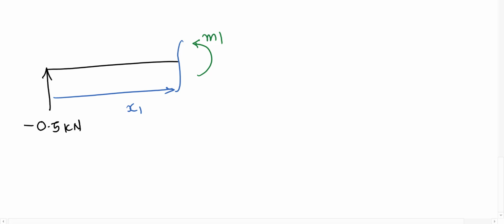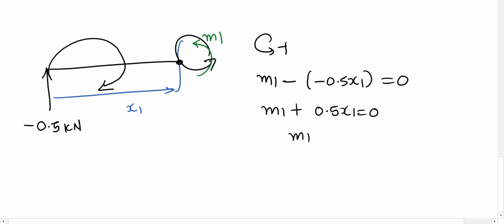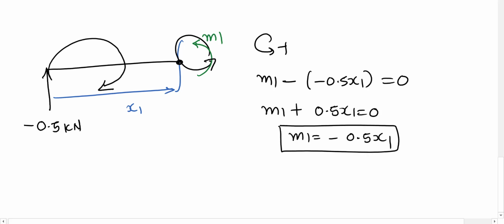Taking the moment at this point, anti-clockwise is positive. So m1 is anti-clockwise, and the force is clockwise, so minus 0.5 x1 equals 0, so m1 plus 0.5 x1 equals 0, so m1 equals minus 0.5 x1. That's the first equation that we found.